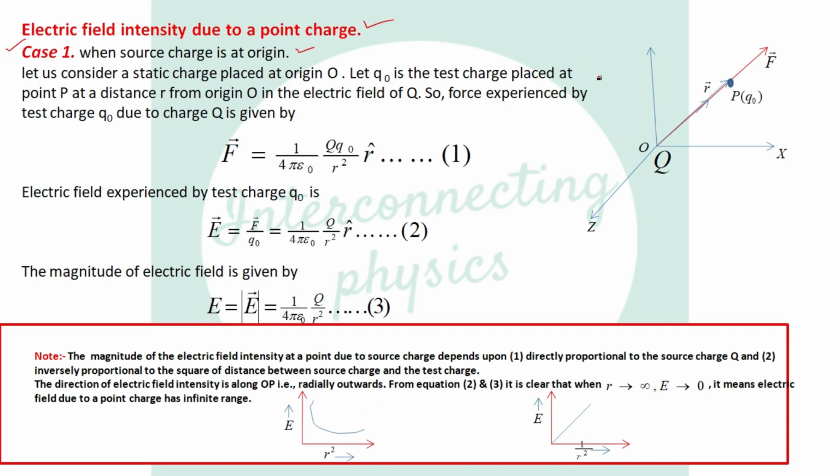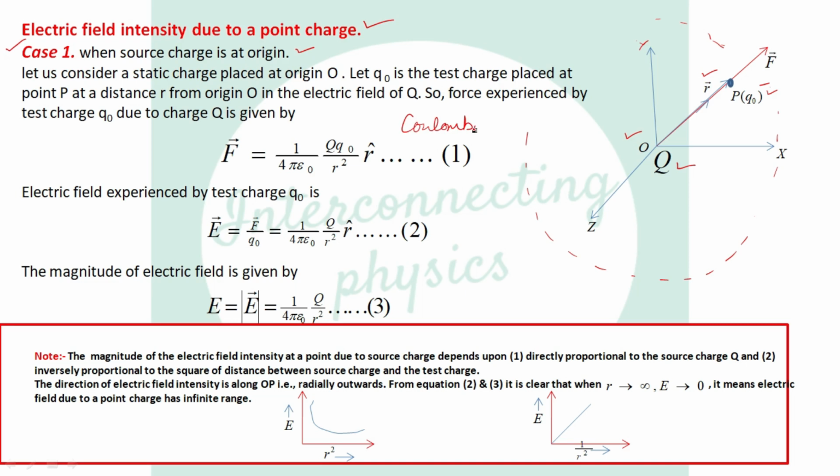So for this, let us consider we have a coordinate system O, X, Y, Z, and the source charge is placed at origin O. Now we take the test charge at point P at a position vector R vector from the origin O. Now the force acting on this test charge due to this source charge, because Q naught is in the region of electric field of source charge, so now it will experience some kind of force which is given by Coulomb's law.